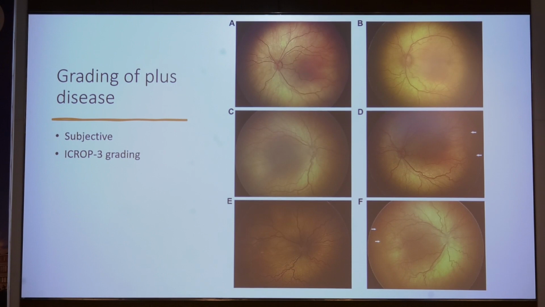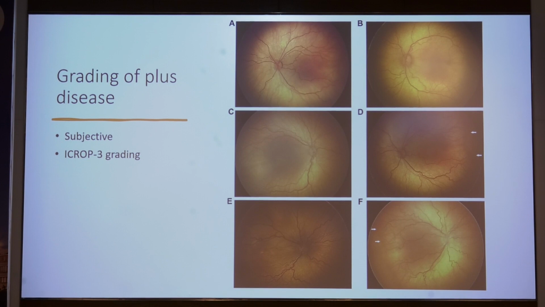More subjective is the grading of plus disease in ROP. Earlier there was a 3-level grading suggested by ICROP2, that is no plus, pre-plus or plus disease. But now ICROP3 has come up with a more subjective continuum, a spectrum from 1 to 6, from no plus to mild pre-plus to pre-plus to mild plus.